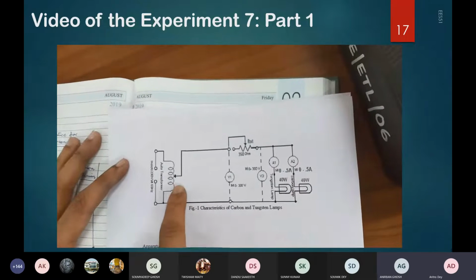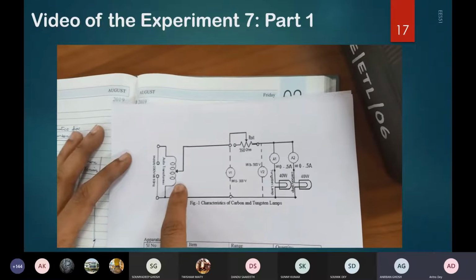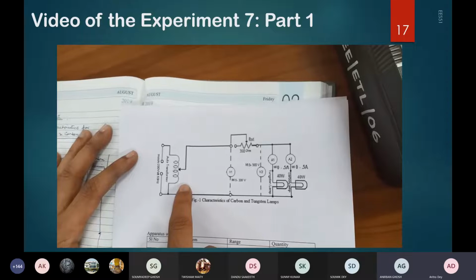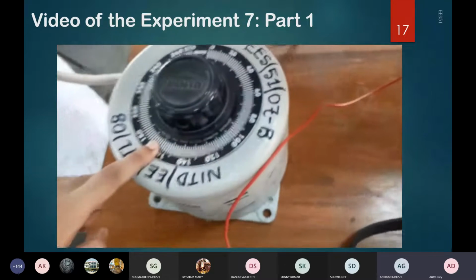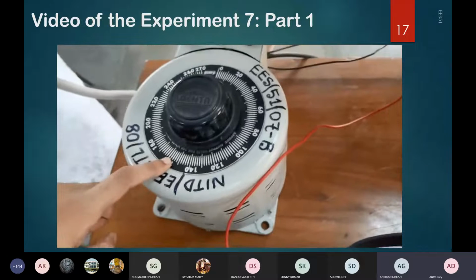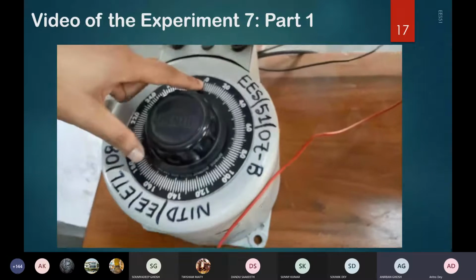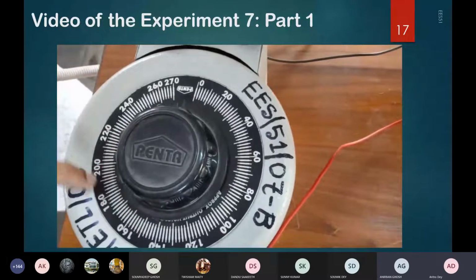So you can see this is the auto transformer or the variac, which is able to provide 0 to 230 volt AC voltage. This is the variac part of the corresponding experimental setup. With this variac, you can increase the voltage from 0 volt to 230 volt.